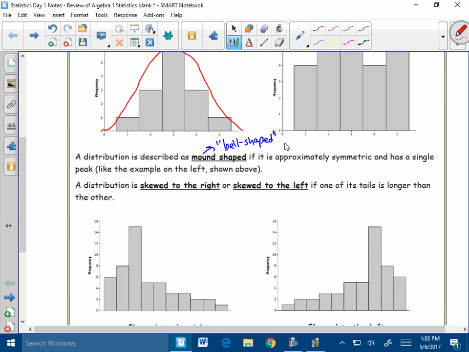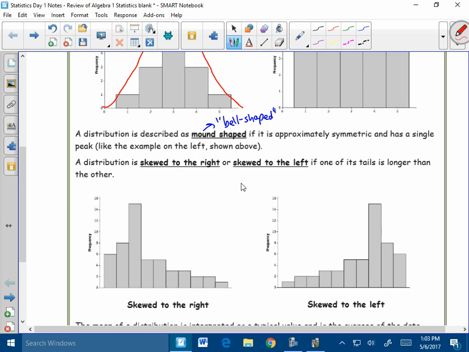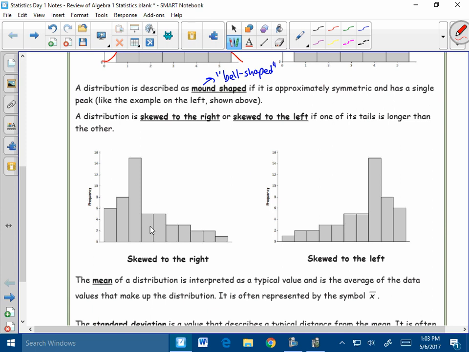And then it says a distribution is skewed to the right or skewed to the left if one of the tails is longer than the other. We have an example of each. If you imagine connecting the bars like I did earlier, this one's got a much longer tail on the right-hand side.